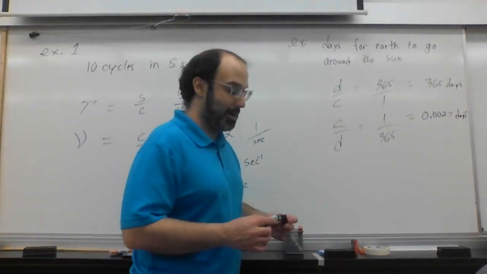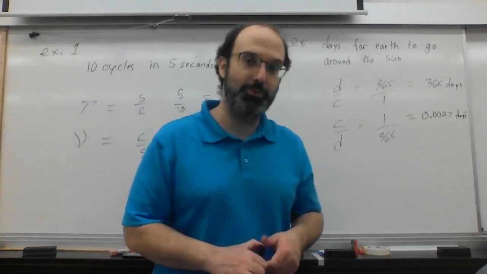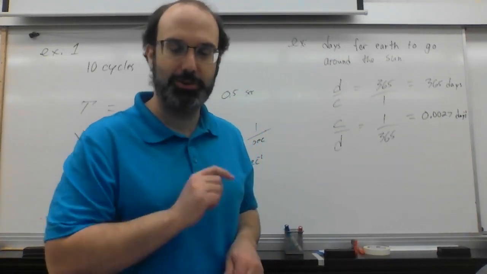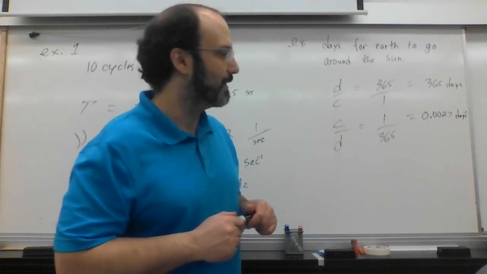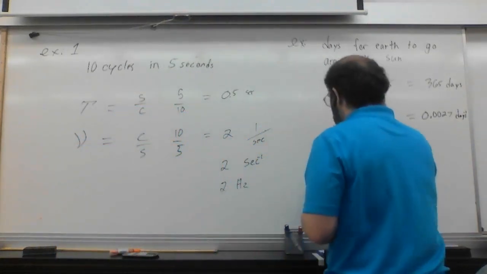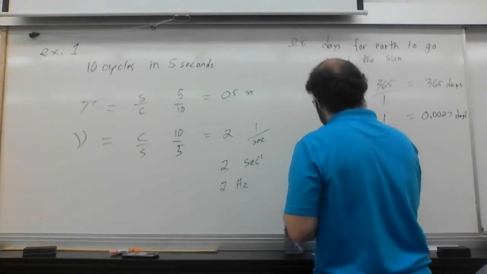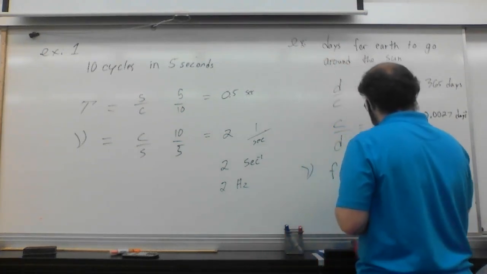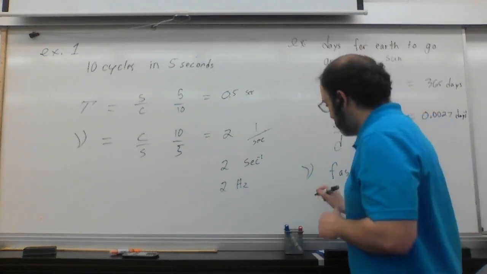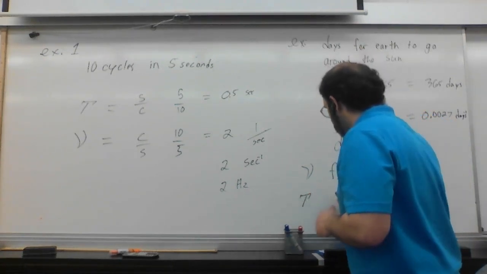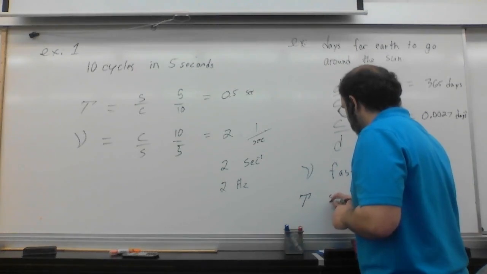The reason why there are 2 different ways to talk about time in circular motion is because each one of them is good at different things. Frequency is really good at fast things. Period is good for slow things.